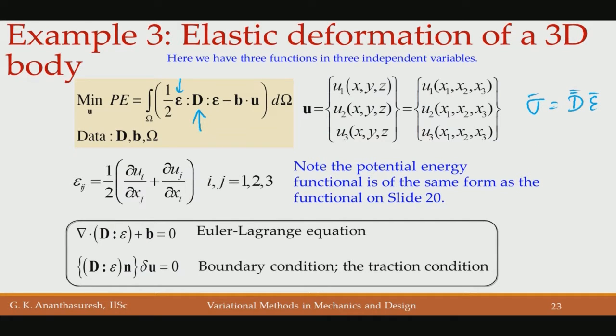Epsilon here is a strain, and u is the 3-dimensional displacement. We are defining what u is actually, and we can write the Euler Lagrange equation. When you write it, you get this familiar thing that we use in mechanics of solids when you look at continuum, and the boundary condition would look like this.